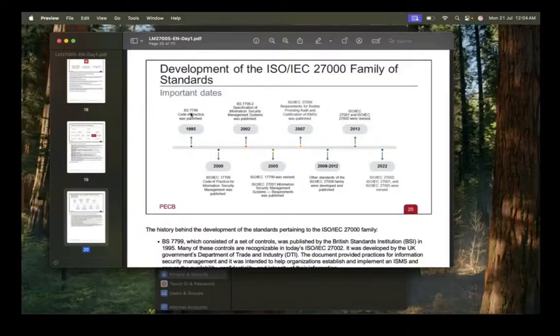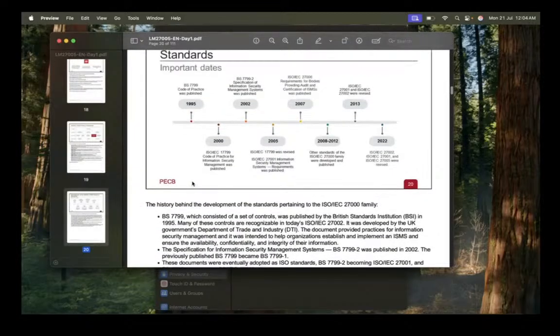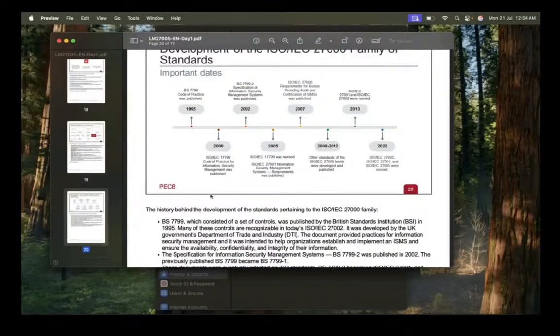It started in 1995 when the British Standards Institution published a set of controls, a code of practice, called BS 7799. After that, in 2000, ISO IEC 17799 was published, related to the Code of Practice for Information Security Management.